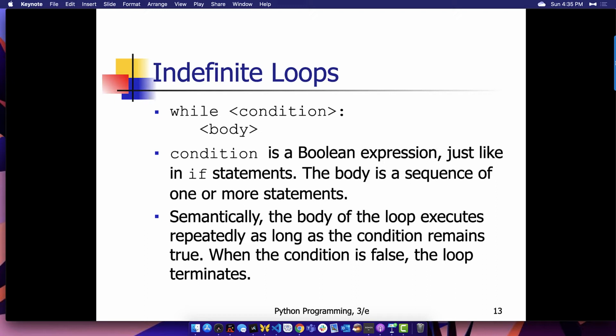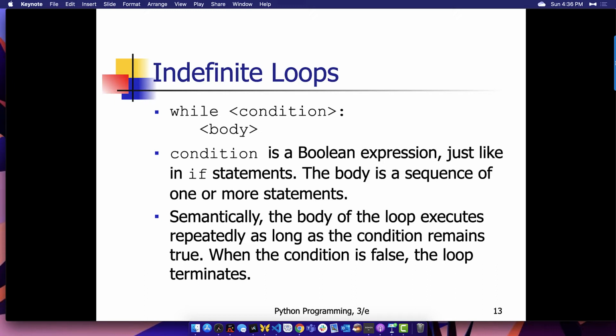The condition is what we call a Boolean expression, just like an if statement. The body is a sequence of one or more Python statements. Semantically, the body of the loop executes repeatedly as long as the loop condition remains true. When the condition is false, the loop terminates.